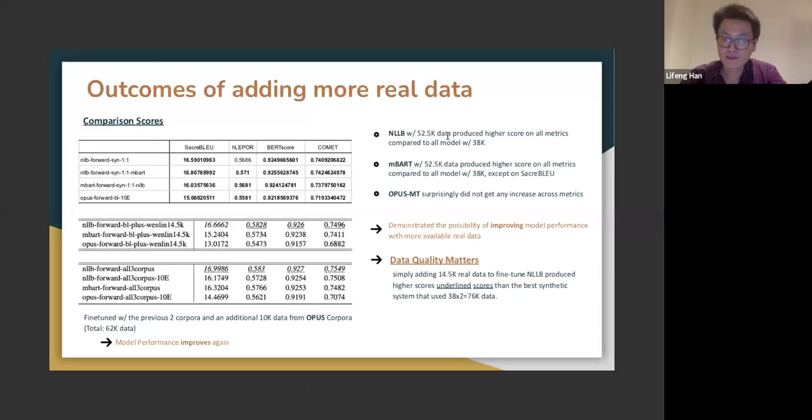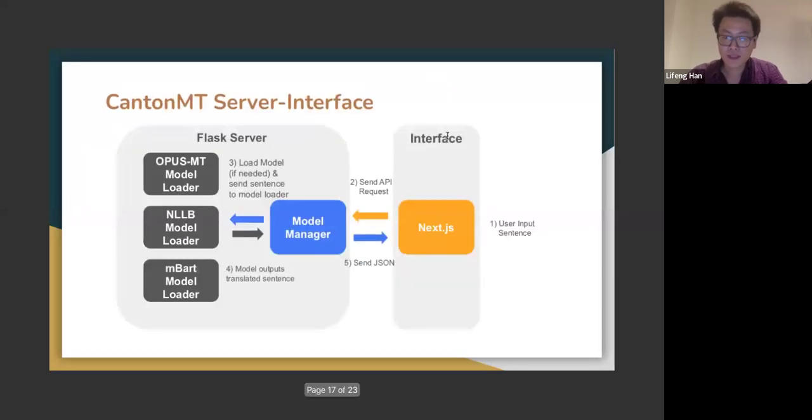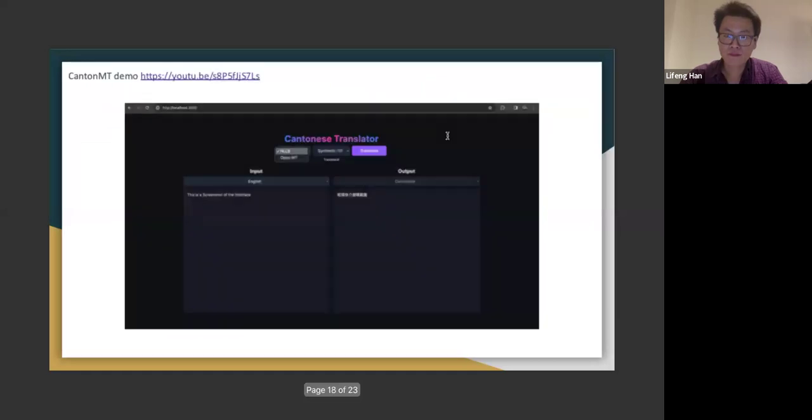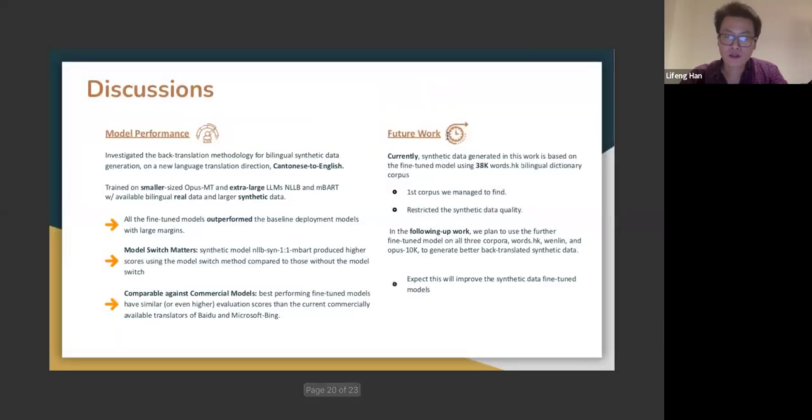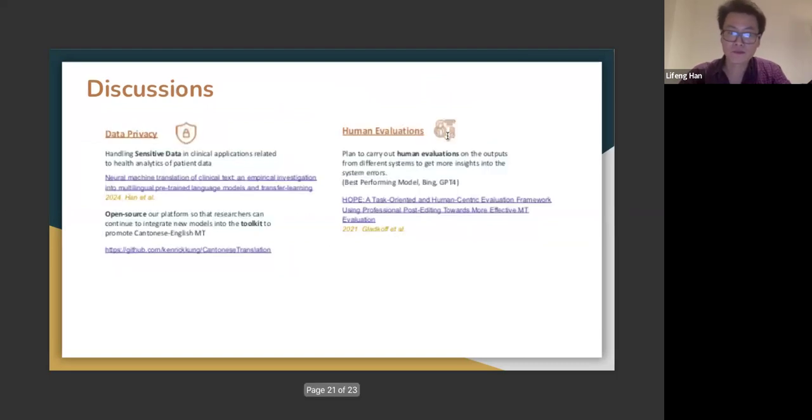Regarding data privacy, we think our Cantonese MT platform can be totally confidential to users. That is, people who use the CantonMT platform can have their own data fully controlled by themselves.